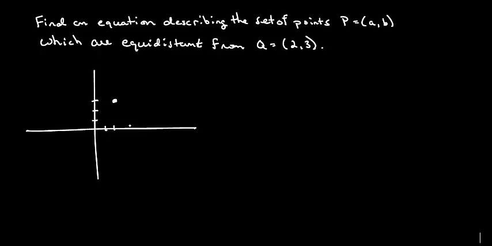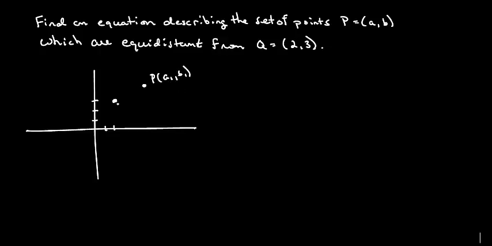Now we need all the points, we'll call them A, B, which are equidistant, the same distance from 2, 3. So for example, let's say this is a point P, and we'll call it A1, B1.